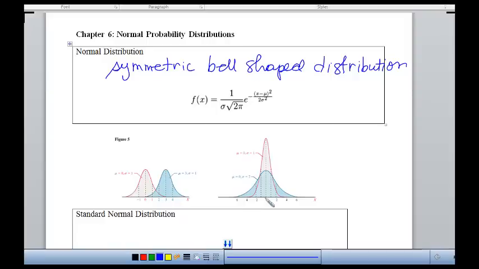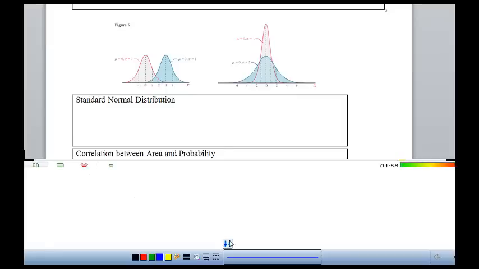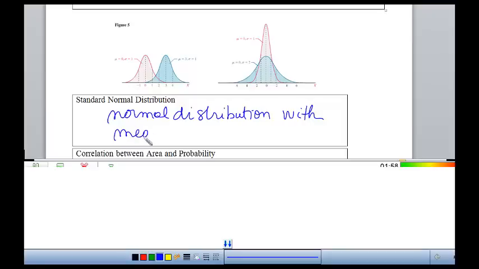So since we have so many different normal distributions, we usually talk about the standard normal distribution. It is a normal distribution categorized, let's say, with mean equals 0 and standard deviation equals 1.